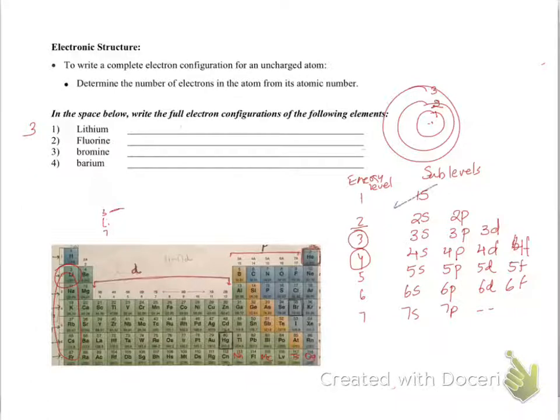So you fill this first. Once this is full, then you go to 2s. When 2s is full, you go to 2p, then 3s. So you just follow the arrows, then you fill 3p, then 4s, 3d, 4p, and so on.